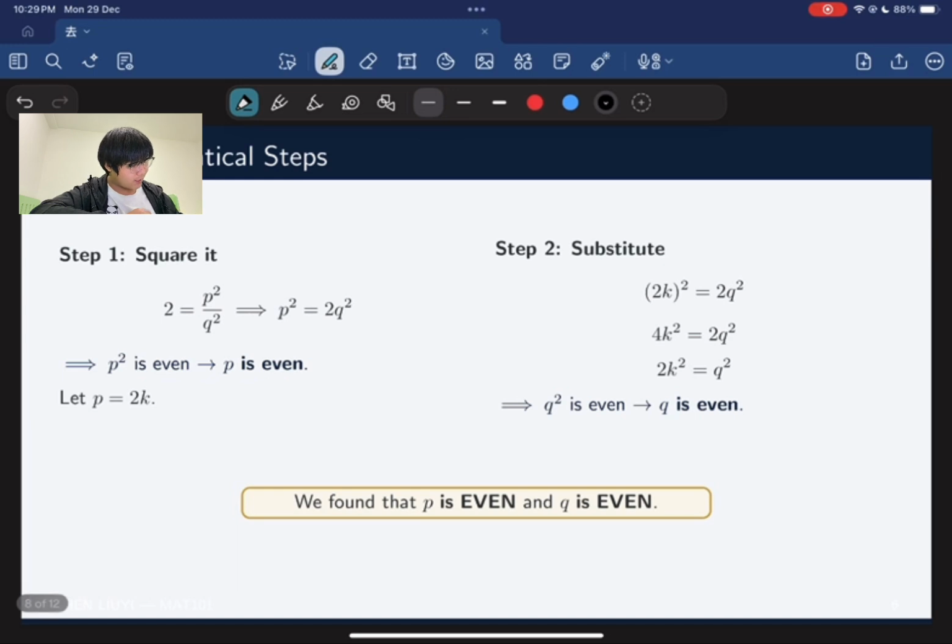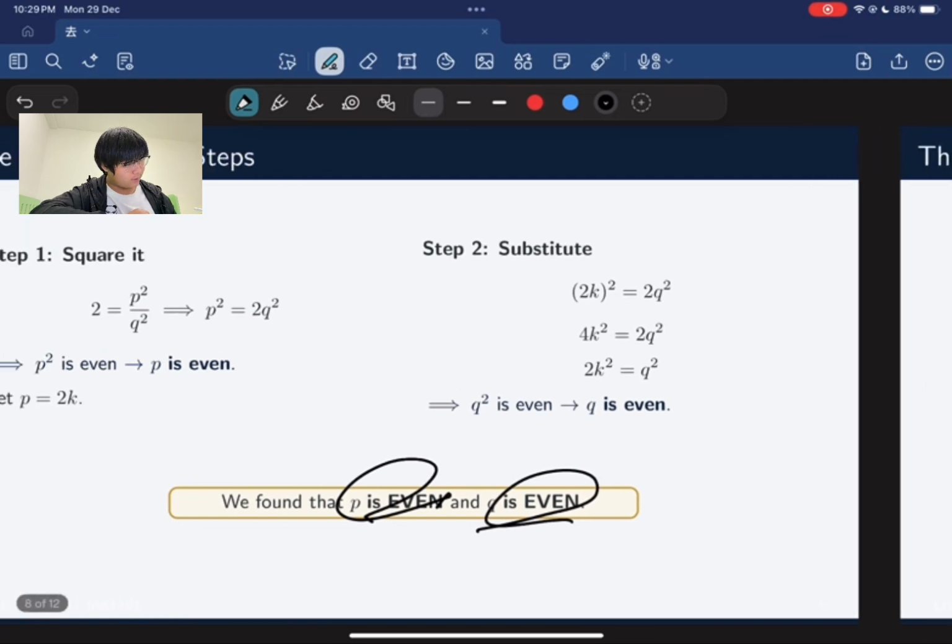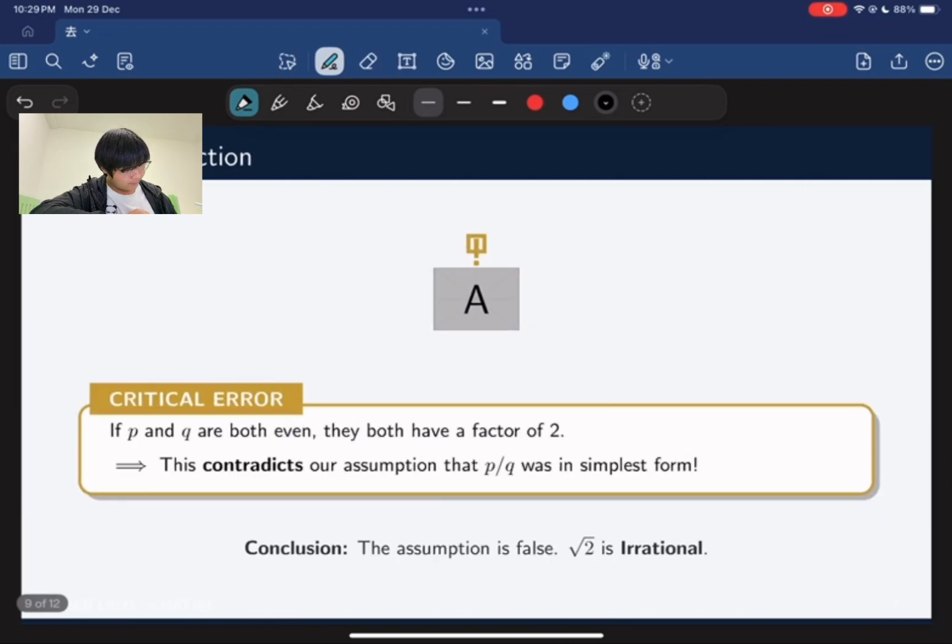Let's see what we get. We found p is even and q is even too. Let's think. We know p over q was in simplest form. They have no common factors.